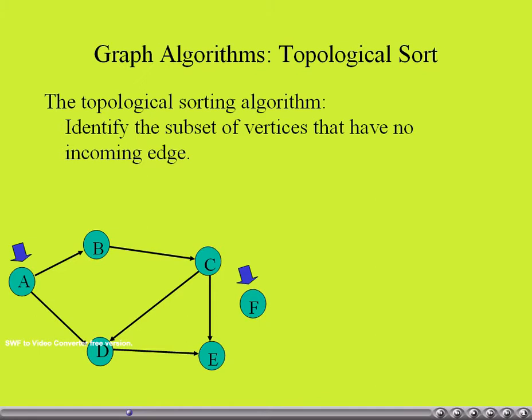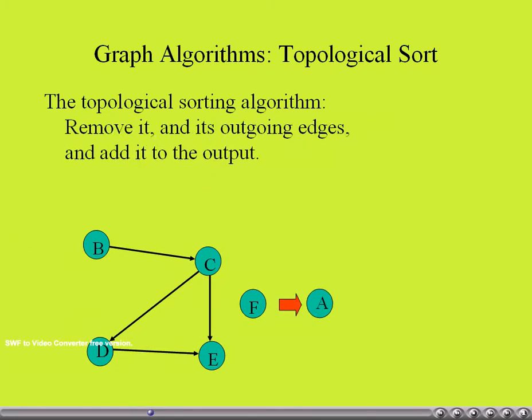In this graph, we have two such vertices, A and F. We can select any one of them, but we are going to select the vertex A. That will be kept in the output list. Also, we remove all the edges going out from this node A. Thus, the modified graph becomes as shown in the slide.